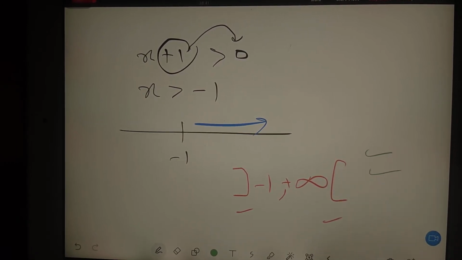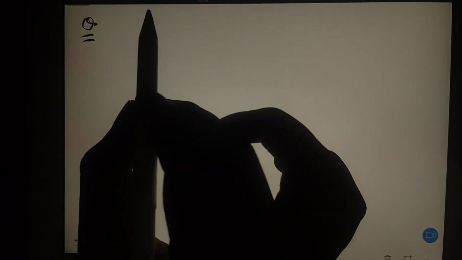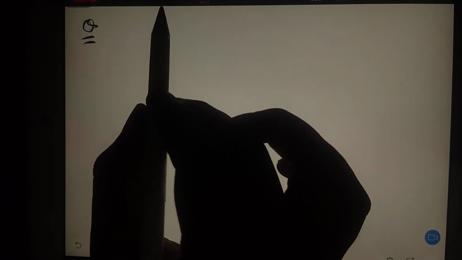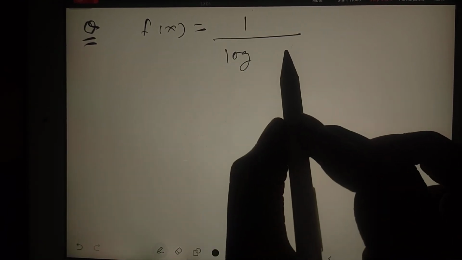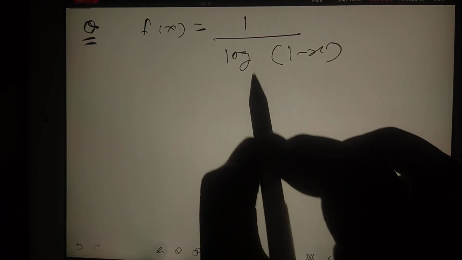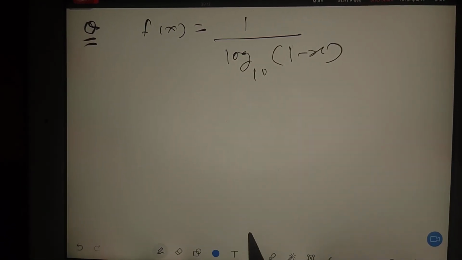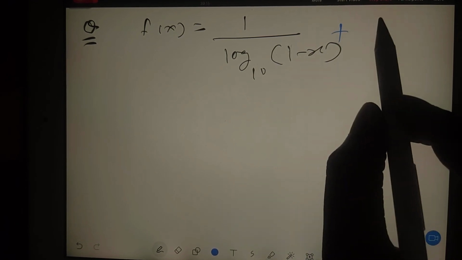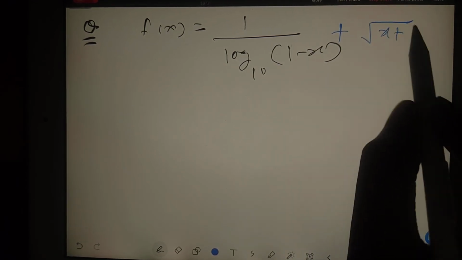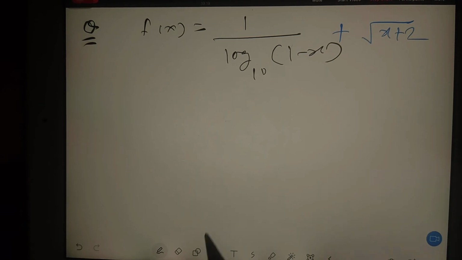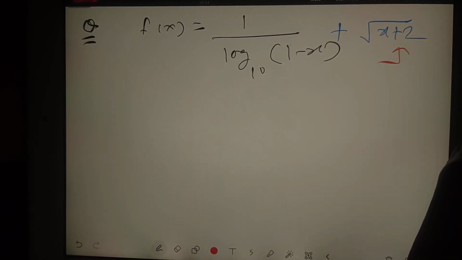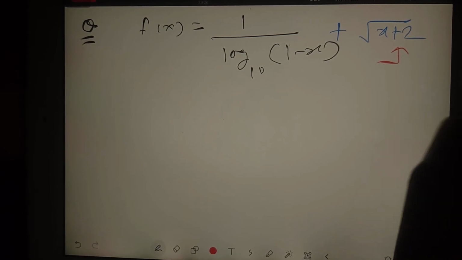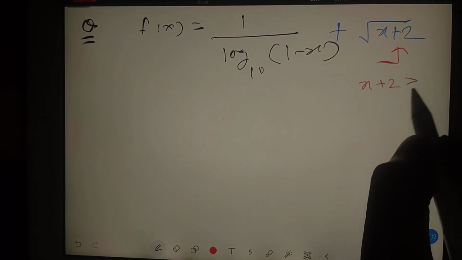Now we'll practice one more question. So our next question is f(x) is equal to 1 by log(1 minus x) base 10. Okay, I can extend this for some more, plus square root of x plus 2 also. Okay, now see, for this part you have one condition, and you know that condition, x plus 2 should be more than or equal to 0.